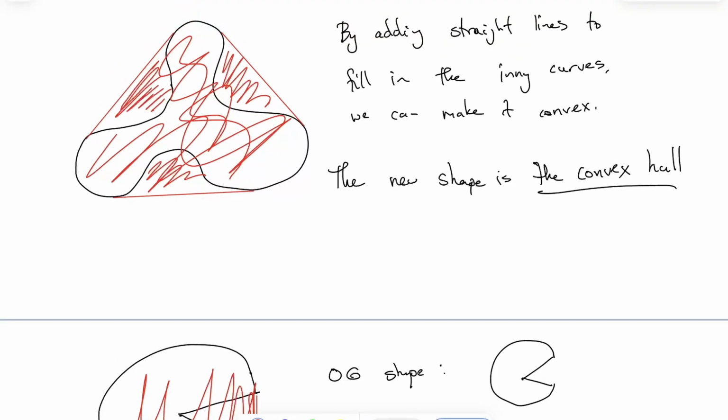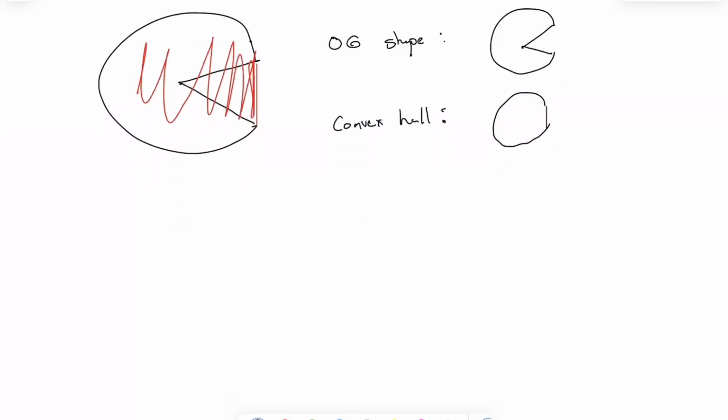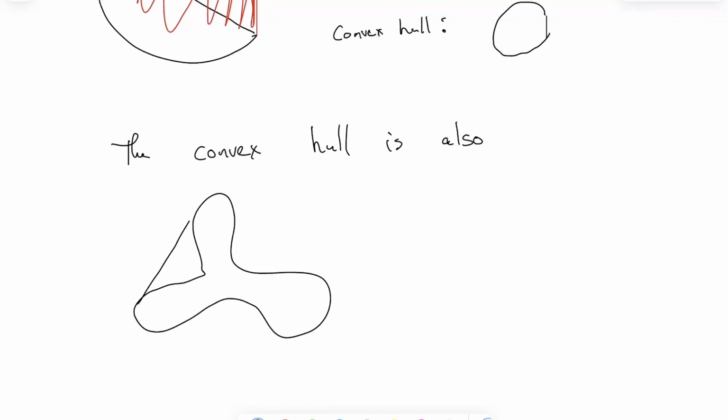Sorry, I wanted to say one more thing before asking you to do this. Another way to look at the convex hull, which might help to visualize what you're doing here: I'll draw this one again. The convex hull for that shape would be obtained by adding these straight lines.